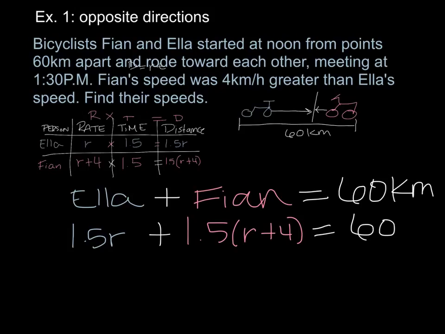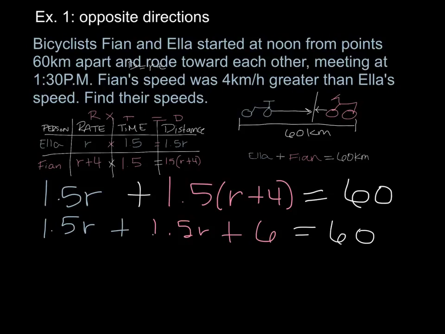Once again, I'm going to give myself a little more space so that we can work out this problem. You're doing some distribution: 1.5 times R is 1.5R, and 1.5 times 4 is 6. Now I'm going to combine like terms and move this 6 over to the other side. Combining the like terms of 1.5R to make 3R, bringing the 6 down, and the 60 stays as well.